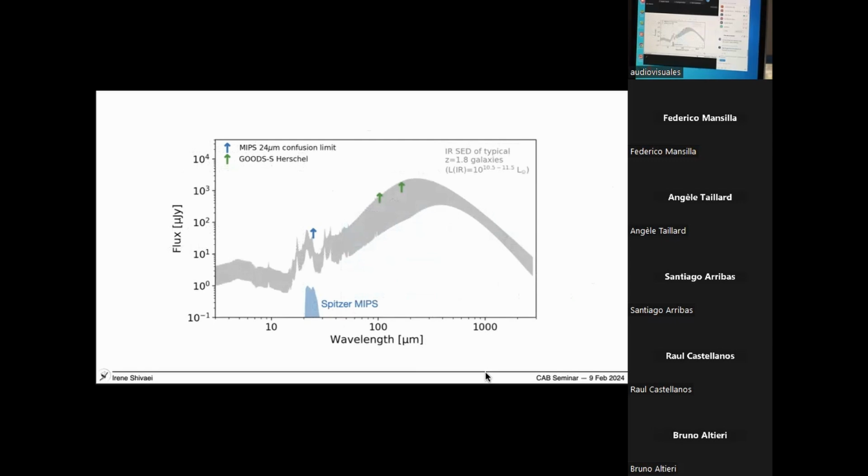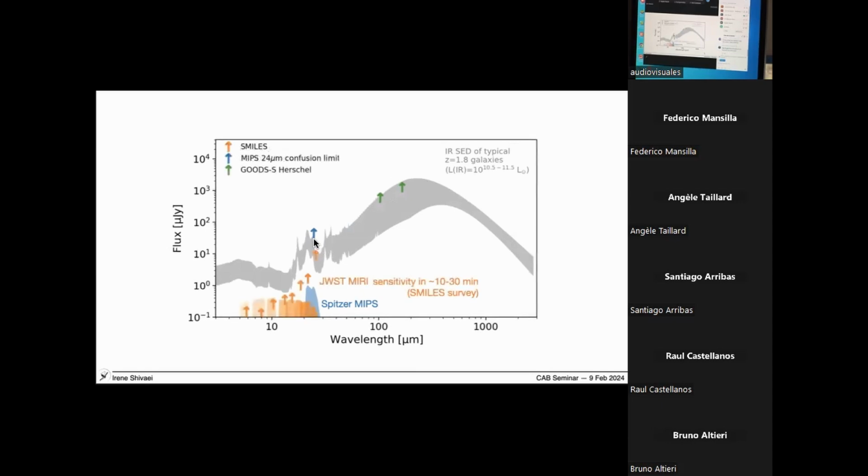Here in gray, I'm showing the infrared SED of typical galaxies at redshift 2, the range of their dust SEDs. And the blue arrow shows the confusion limit of Spitzer MIPS 24 micron. As you can see, with Spitzer we were only able to detect the tip of the iceberg. We were missing most of the galaxies at that redshift in the universe.